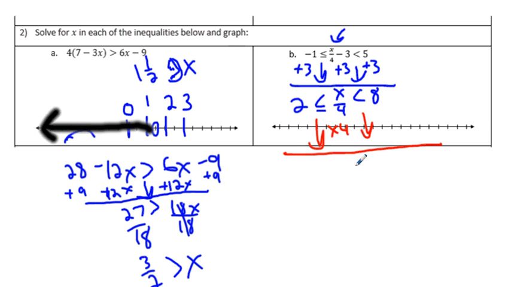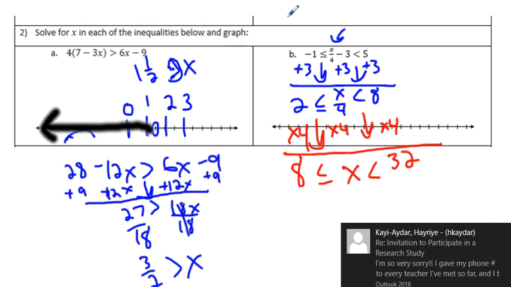To undo that, I'm just going to be left with an x in the middle. But I have to multiply by 4 on all sides of the inequality. Each section of this compound inequality has to be multiplied by 4. So 8 times 4 is 32, and 2 times 4 is 8.